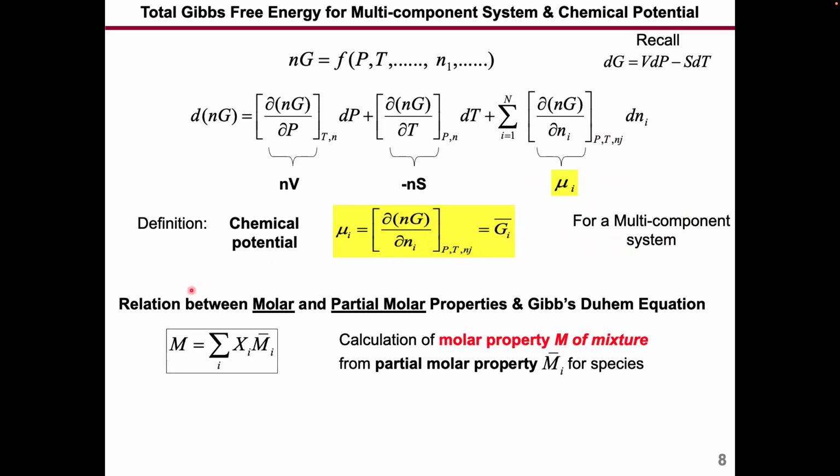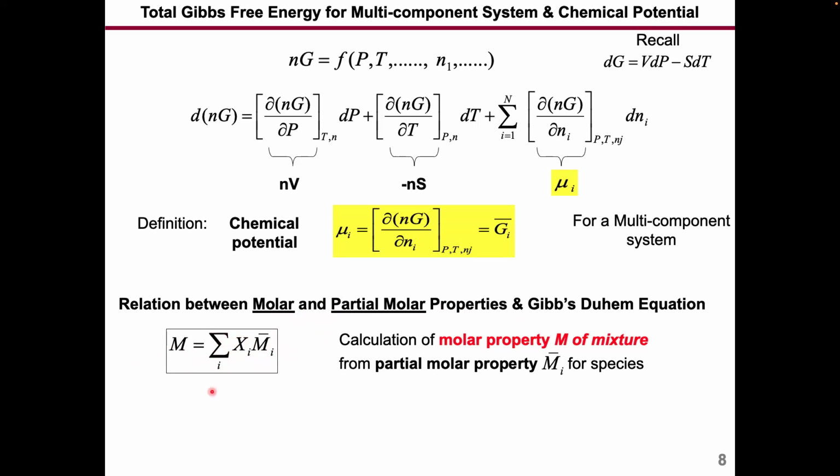Now, without the derivation, I'm going to show you the relationship between molar properties of the mixture and the partial molar properties. M, the mixture molar property, is the summation of Xi Mi bar, where Xi is the mole fraction of species i and Mi bar is the partial molar property of i in the multi-component system.